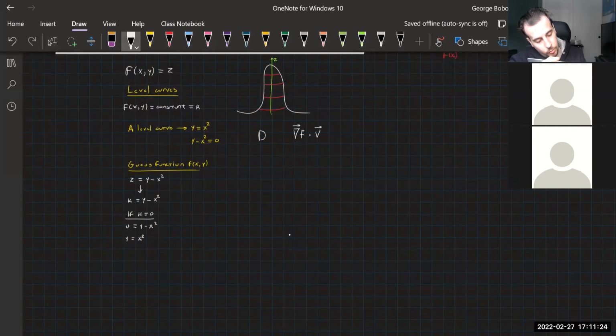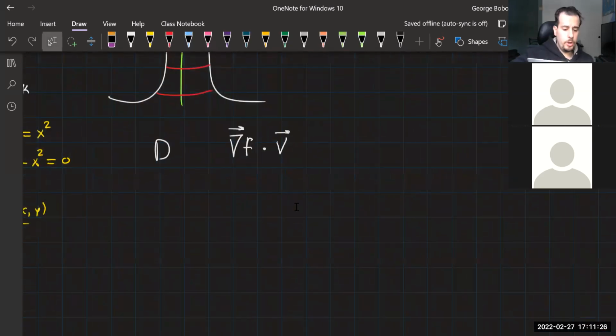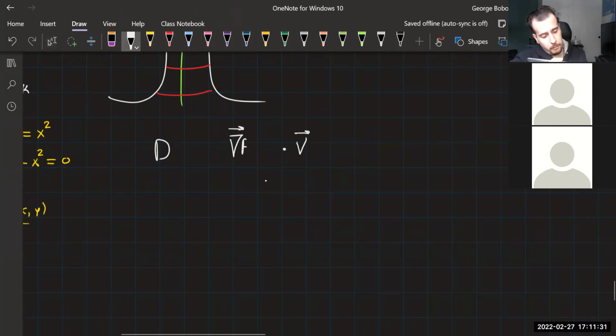Okay, so 1 second here, Olivia. Where's this gradient evaluated right now? Because it has to be evaluated somewhere. Are there any points given in the question? Exactly, the point that we are given in the question.